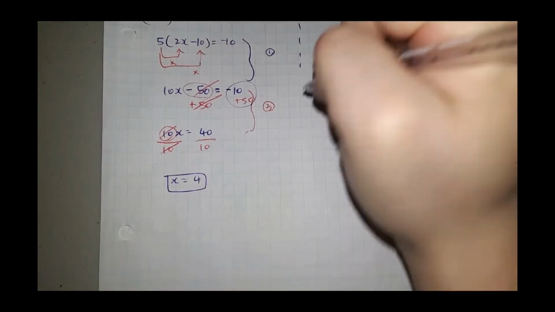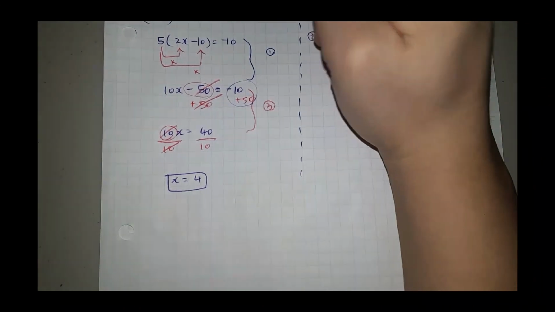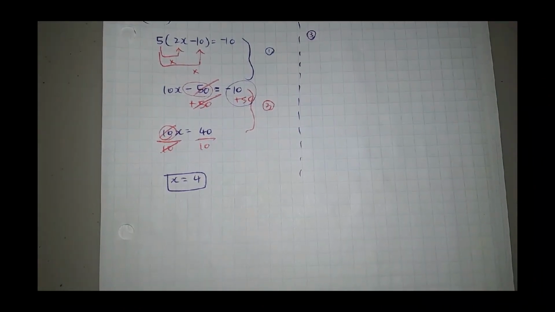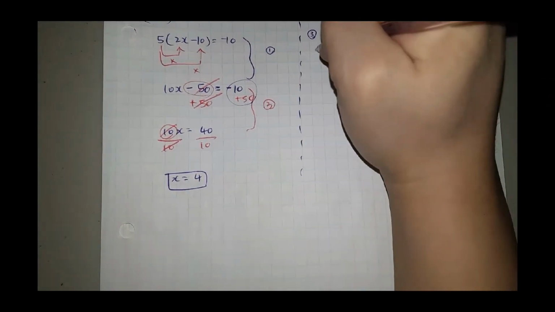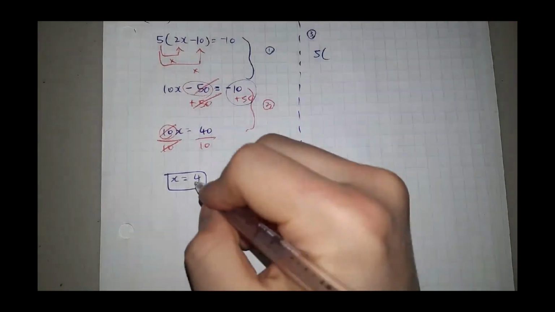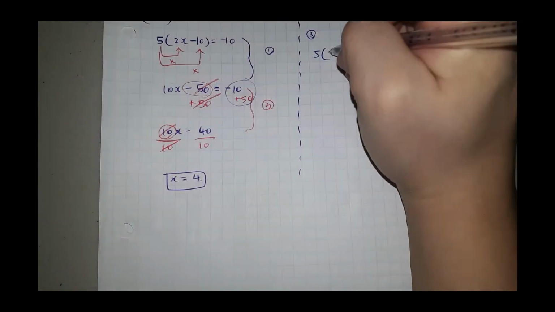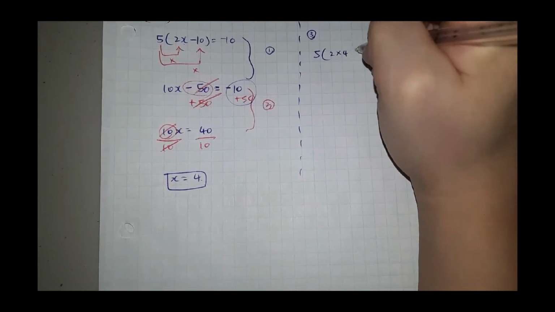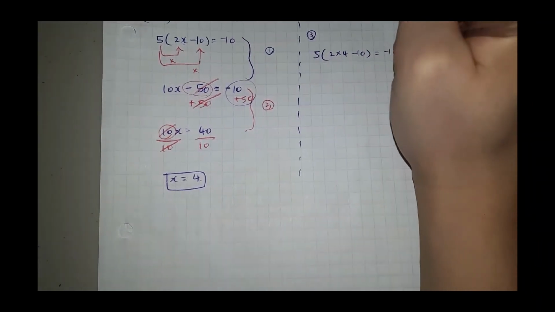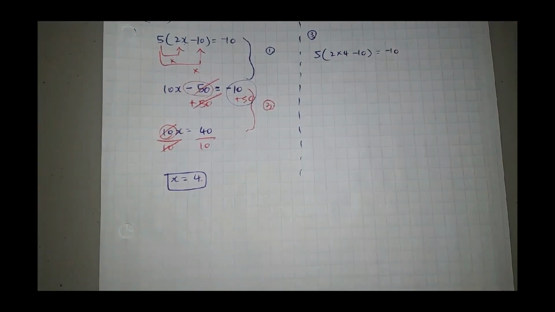Now, double checking, which is your optional step, but I'm going to verify everything in this class example. 5 bracket open, x is equal to 4. So if I substitute, instead of 2x, that's 2 times 4 minus 10. That should give you the same number.